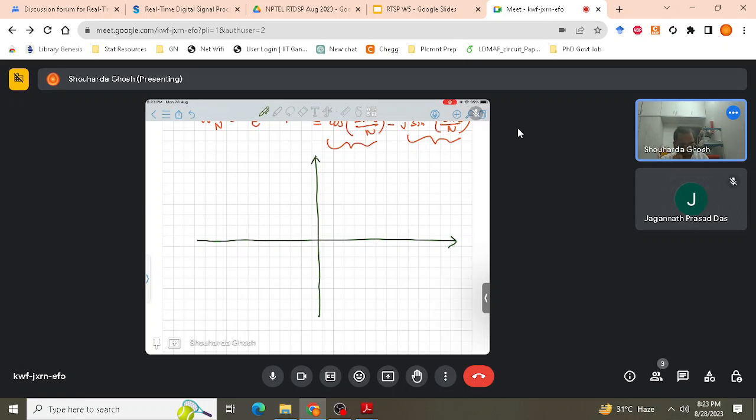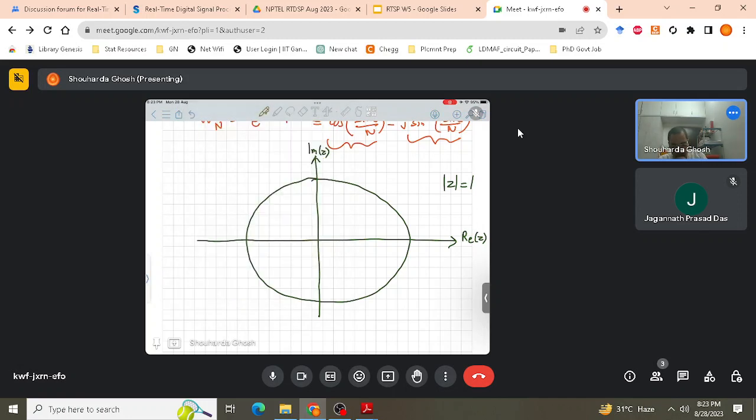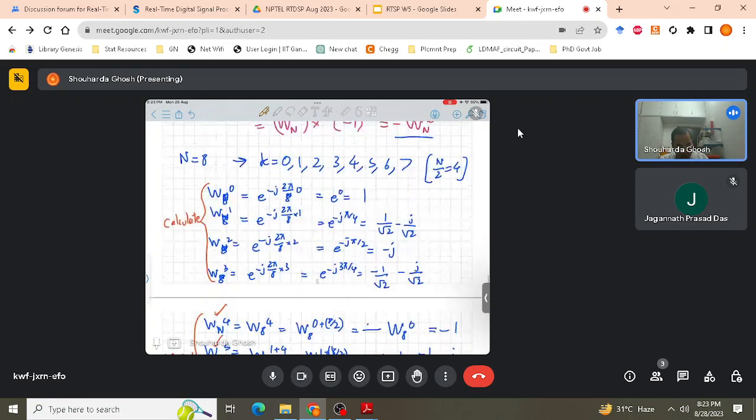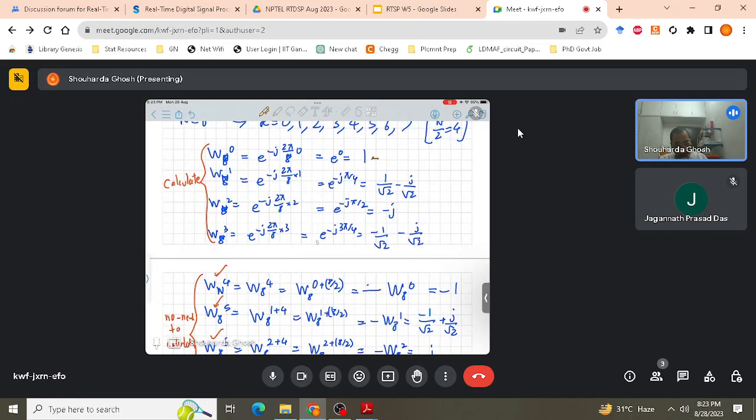Yes, sir. Okay. The real part of z, we have the imaginary part of z. Sorry for this not so good unit circle, radius equal to 1. So when you are talking of n equal to 8, this is 0. W8 of 0, where was this W8 of 0? It was at 1. Now we look at W8 of 1, it's 1 by root 2 minus j by root 2.